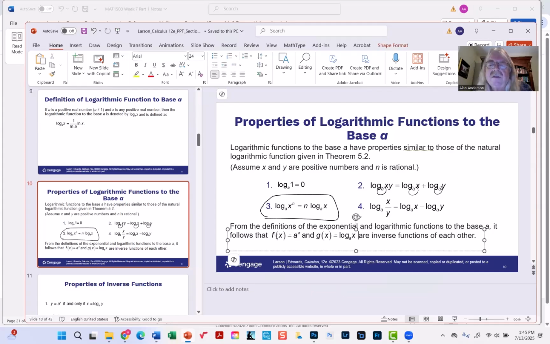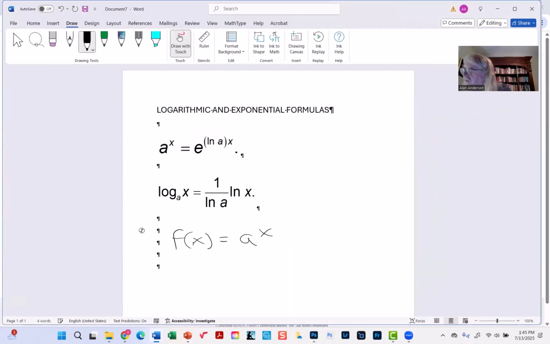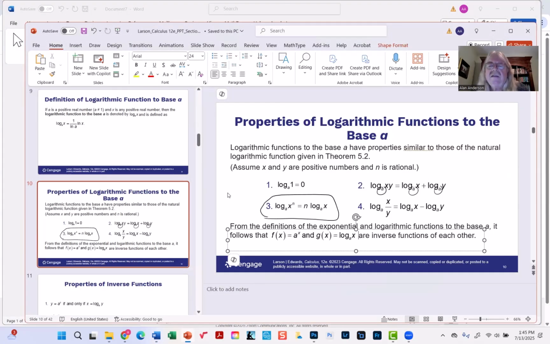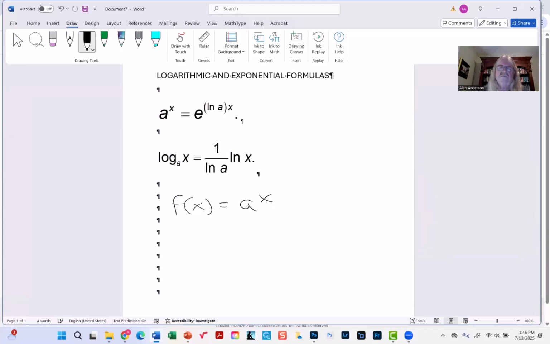And oh, here's another one. This is good. If f of x is a to the x, this one I think belongs on our list. If f of x is a to the x, then log A of x, these are inverses.